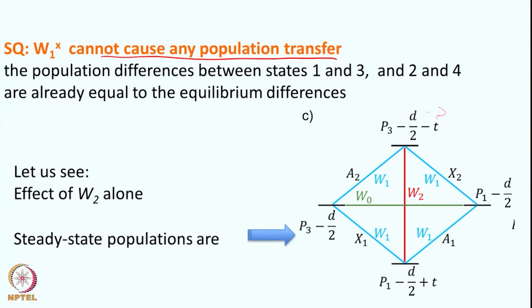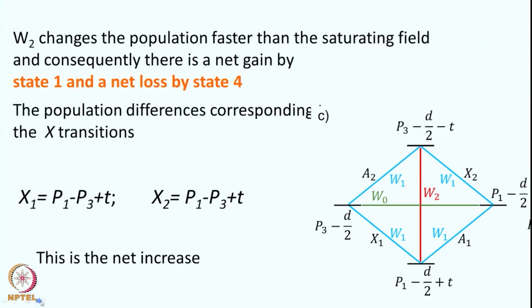At this point they introduce a parameter called T. The steady state population will happen because this double quantum relaxation is active, so it will change the population of the states P1 and P3. Omega 2 changes the population, and because this relaxation is faster than the saturating field, it happens faster, and because of that there is a net gain of states 1 and 4.